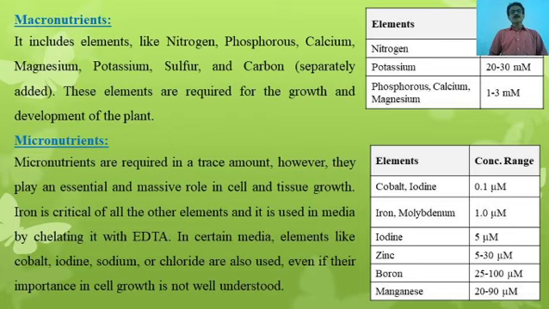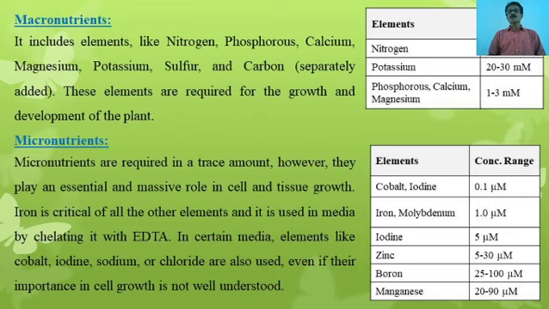In micronutrients you have to add cobalt, iodine, iron, molybdenum, zinc, boron and manganese, and you have to add these in the concentration range of 0.1 micromolar to 1 micromolar for cobalt and molybdenum.